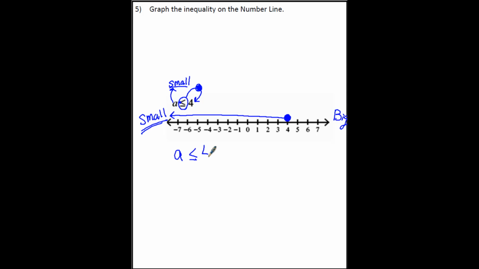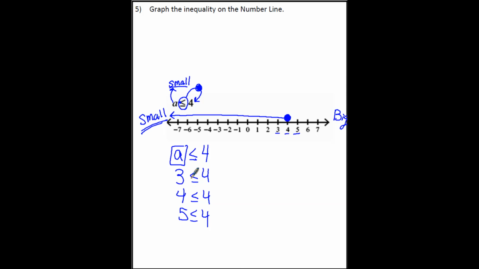So if a is less than or equal to 4, we could have chosen 3, 4, and 5, one number on either side of 4 and 4 itself. So we're going to put 3, 4, and 5 in for a and compare 3, 4, and 5 to 4.